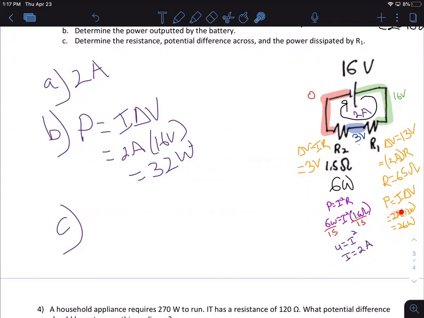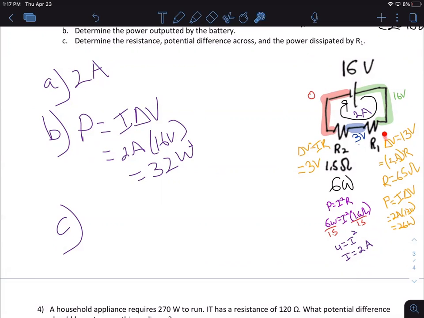So I could have started with knowing the power is 26 watts. I could have used that with the current to find this had to be 13 volts. I could have used that with Ohm's law again to find 6.5 ohms. Let's write these out. R equals 6.5 ohms. Delta V equals 13 volts. Power equals 26 watts.